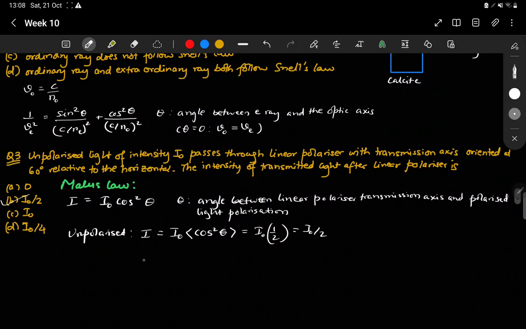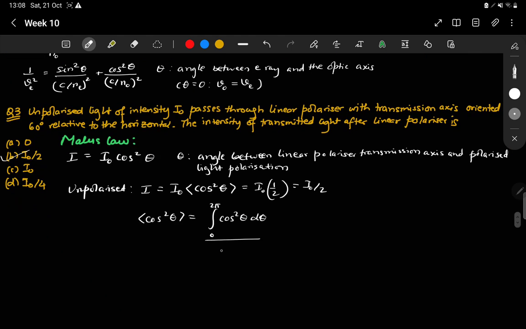Now how do we get this average of cos squared theta? It's pretty simple. So you need to integrate from 0 to 2 pi, so this gives me 1 over 2 pi times integral d theta, and integral 0 to 2 pi of cos squared theta d theta.